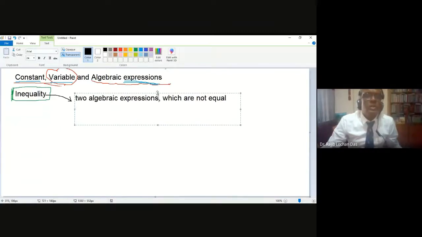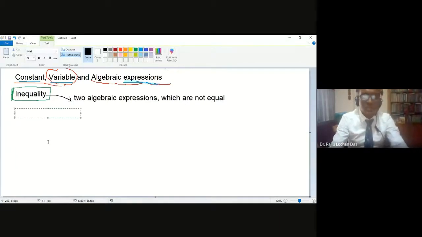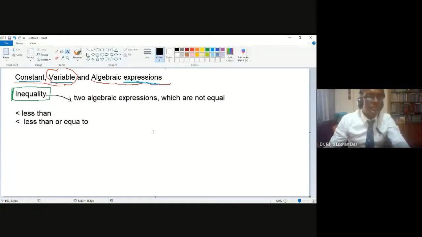Now, not equal means what? Not equal means maybe less than. So this thing is used, maybe less than, or maybe less than or equal to. Sometimes we use this thing like less than or equal to.